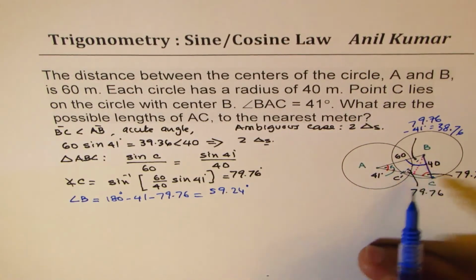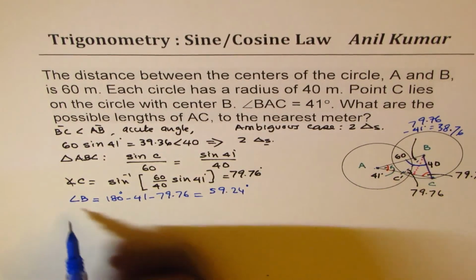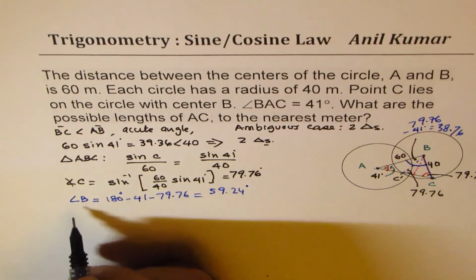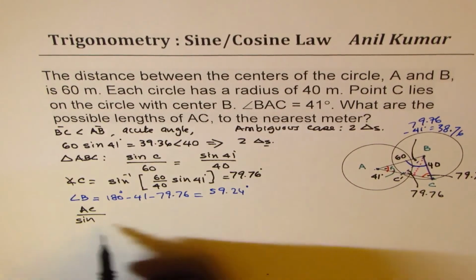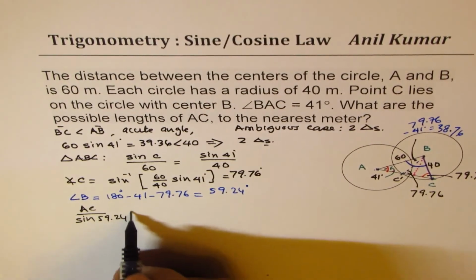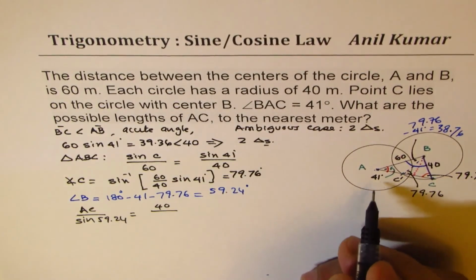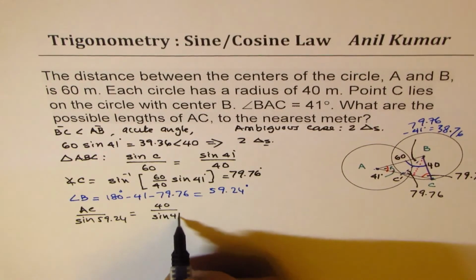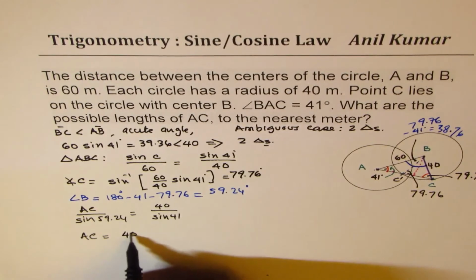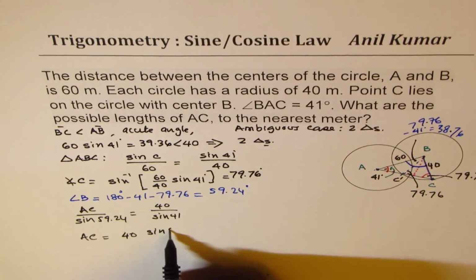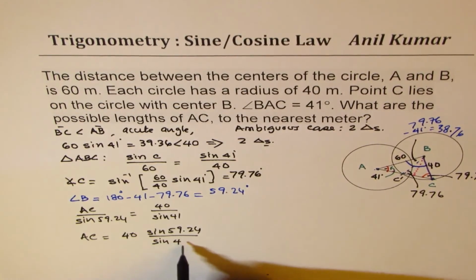Once you know this angle, you can find AC. We need to find the length AC, so we can again apply the sine law. AC over sine of 59.24 is equal to 40 over sine of 41, which gives AC equal to 40 times sine of 59.24 over sine of 41 degrees.